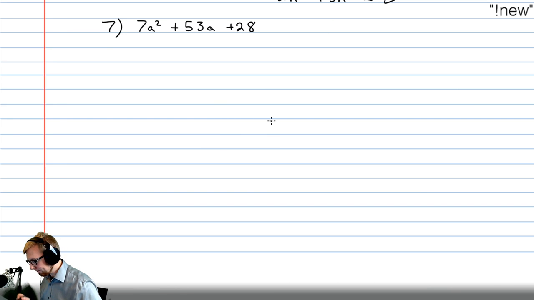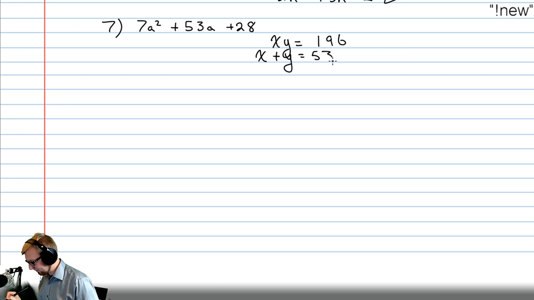No. Good. What's your next step? Multiply A times C, which is 196. So you need two numbers that multiply to 196 and add together to give you 53, which is 4 and 49. Good. You figured that out pretty quick.